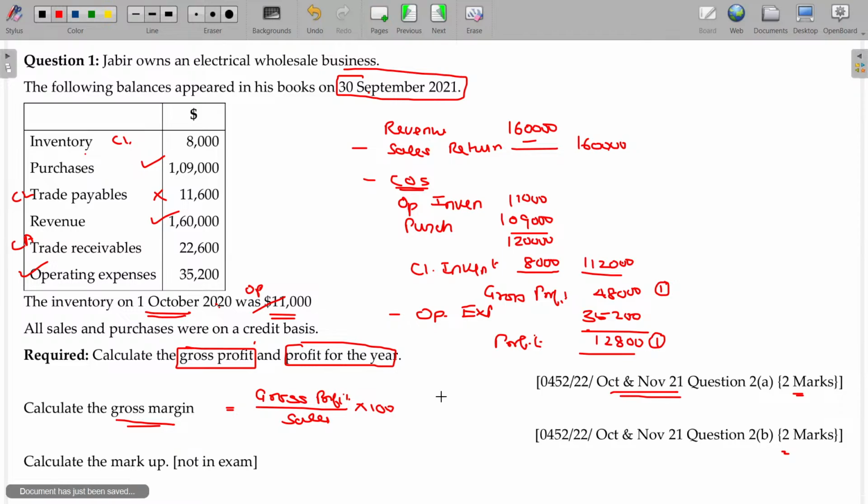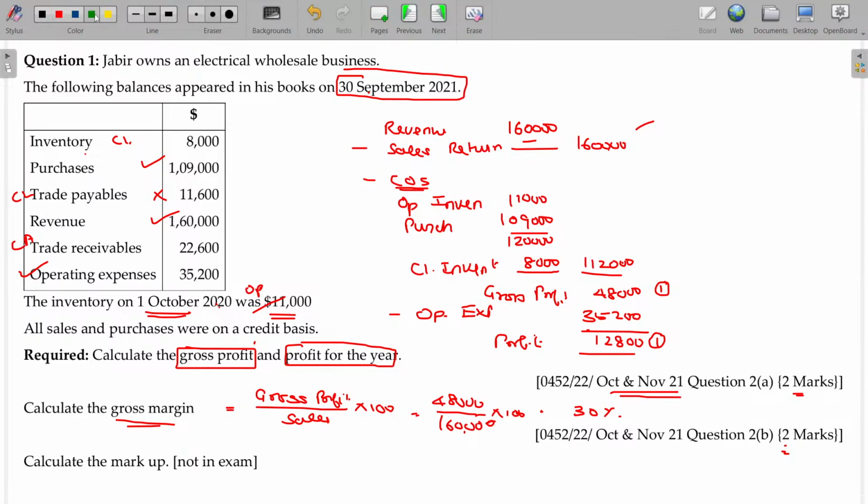Gross profit being 48,000 and your sales revenue being 1,60,000, into 100. The ultimate value will be 30%. For this we get another 2 marks, making 4 marks.